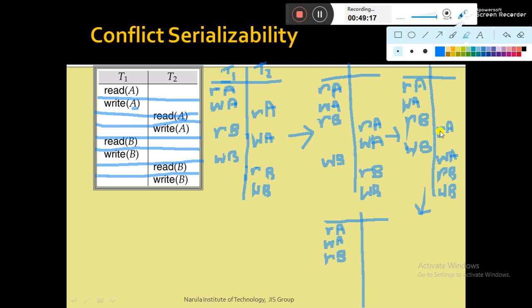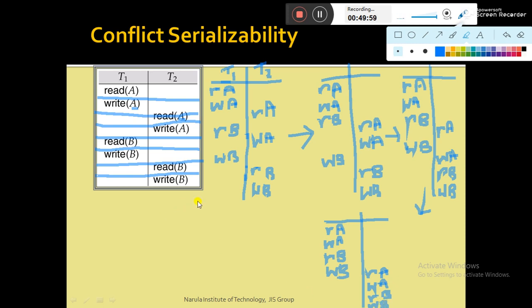Now read A, write B, can we swap? Yes, they are operating on two different items, this is operating on A, this is operating on B, so we can swap their order. So WB will be in that time slot and read A will come over in that time slot. Next all the instructions will be the same in their respective time slots, write A, read B, and then write B.